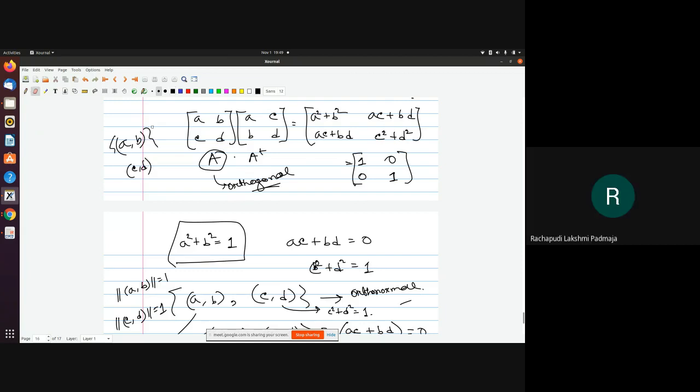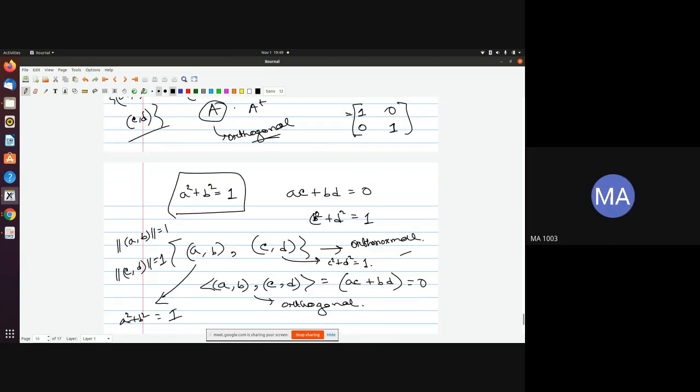This will be an orthonormal basis for the row space. Row space means the span of the rows, and that is called the row space. And this will form an orthonormal basis for it. That is one important property of an orthogonal matrix. Clear? That is what we have checked here.